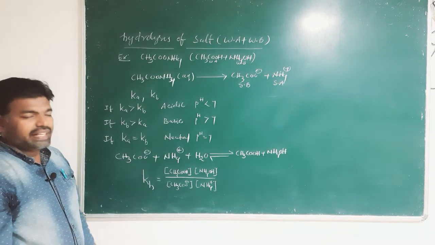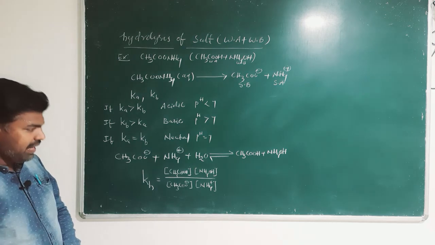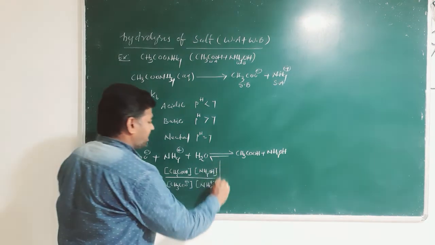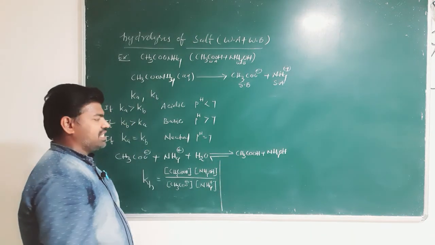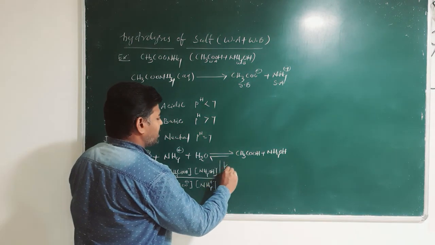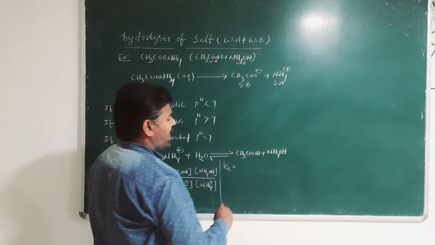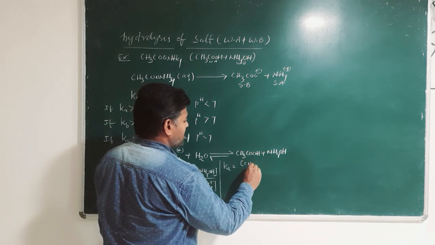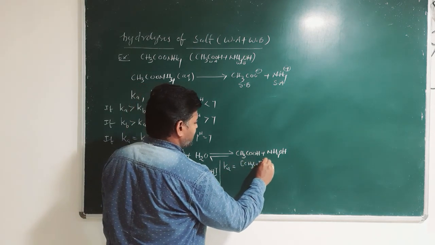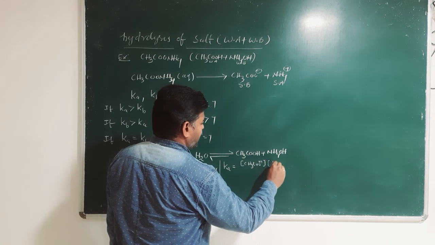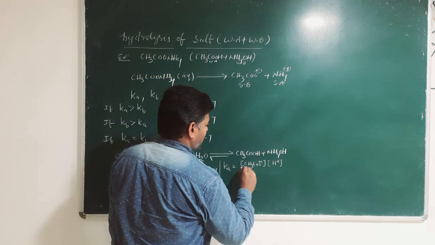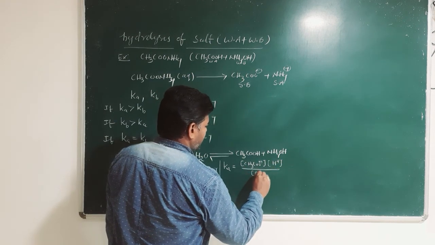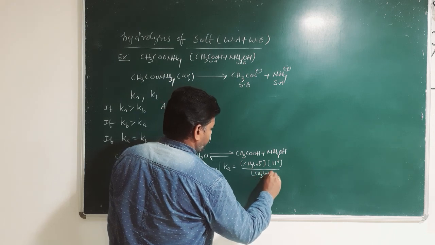This is the hydrolysis constant Kh. And we know the acid dissociation constant Ka is given by the concentration of CH3COO minus into the concentration of H plus, divided by the concentration of acetic acid.